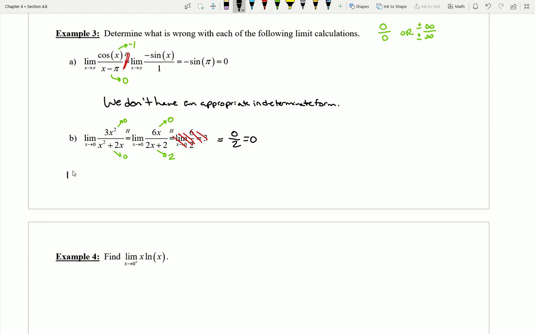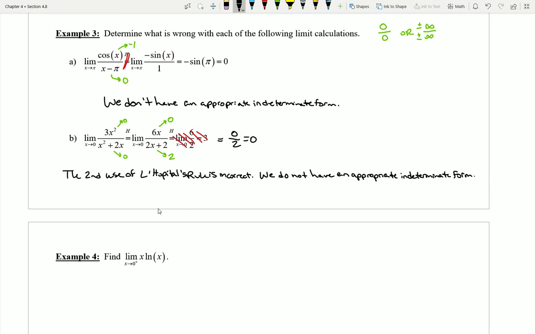So again, I can say that the second use of L'Hopital's rule is incorrect, right? Again, we do not have an appropriate indeterminate form. So this is a really important thing to keep our eyes open for.